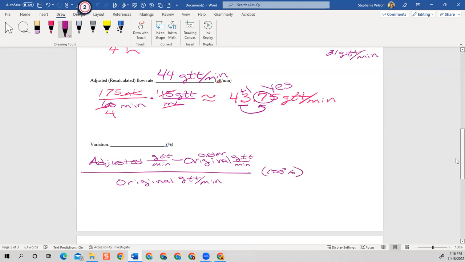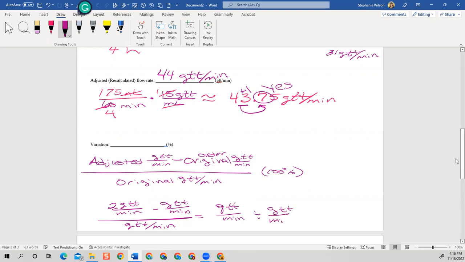I want to talk to you about what happens to these units, because when I rewrite this, I'm not going to put the units with it. So what if I had 2 drops per minute minus 1 drop per minute, all divided by drops per minute? What happens is 2 minus 1 leaves me with 1 drop per minute, all divided by drops per minute.